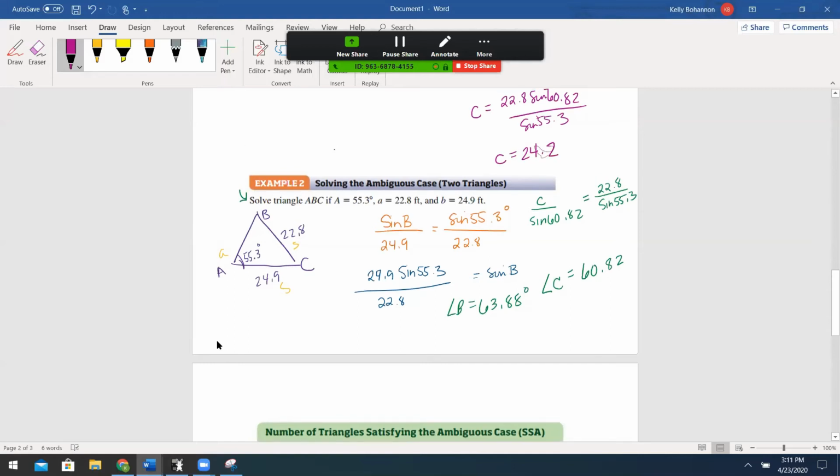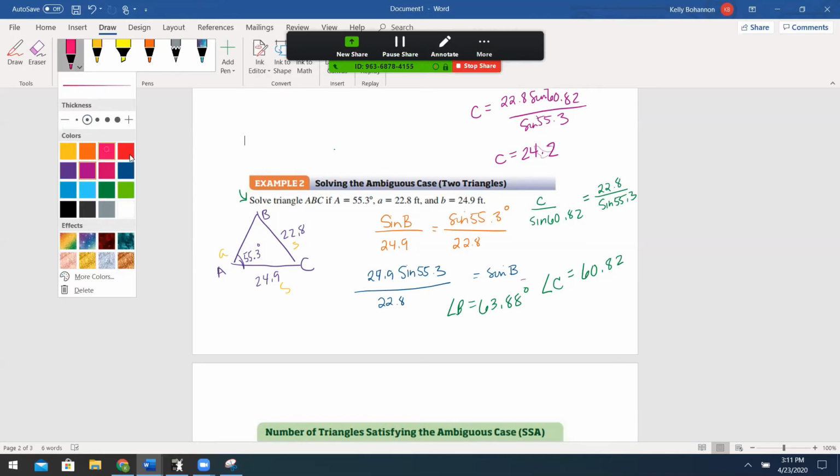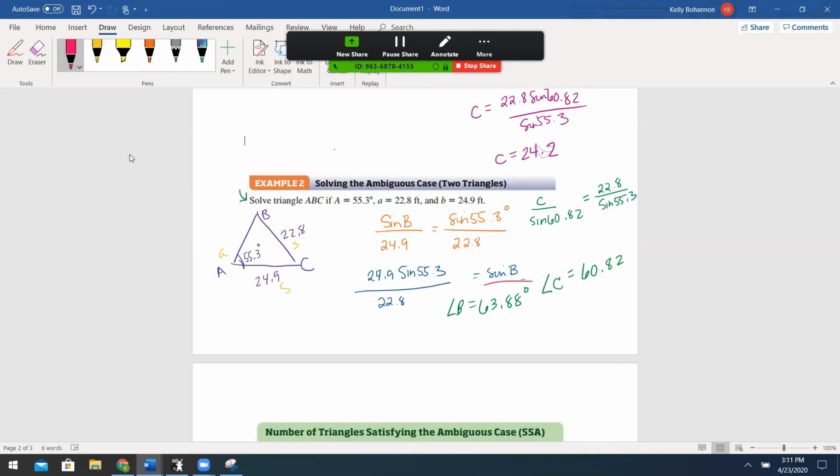Okay, now here's where the ambiguous case comes in. When I did arc sine and got 63.88, that is an acute angle. And remember, supplementary angles have the same sine value.